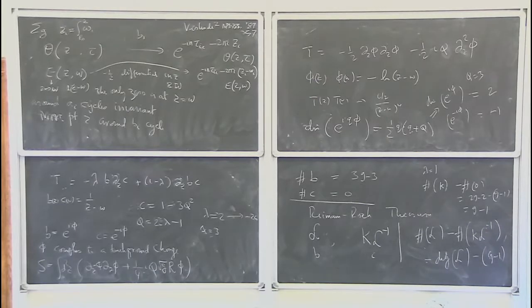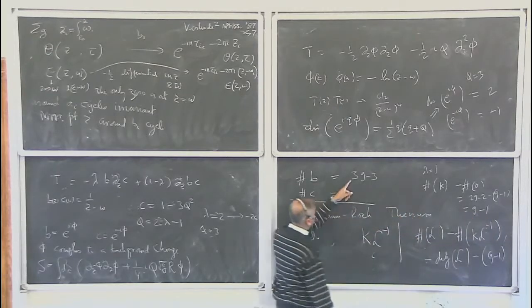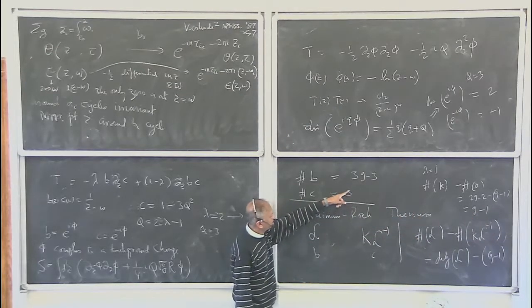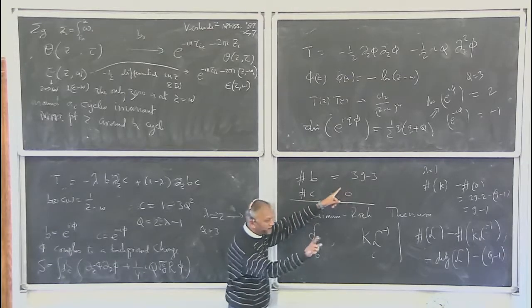So G is greater than or equal to 2? Yeah. I think this formula is generally true, except maybe for G less than 2, I'll come back to that point.